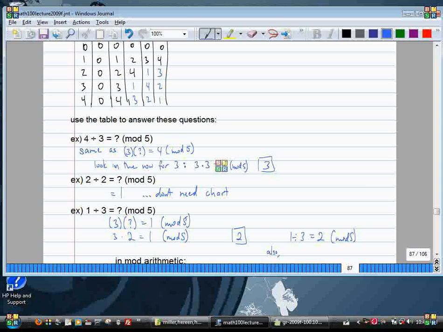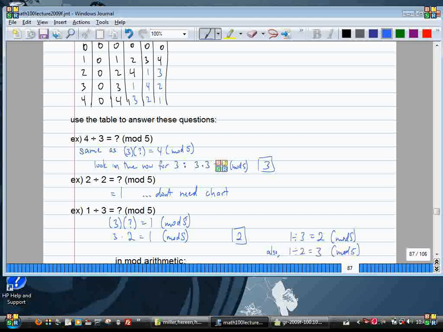So one divided by 2 equals 3. Mod 5. Okay, so you have to throw out your basic notions of counting.